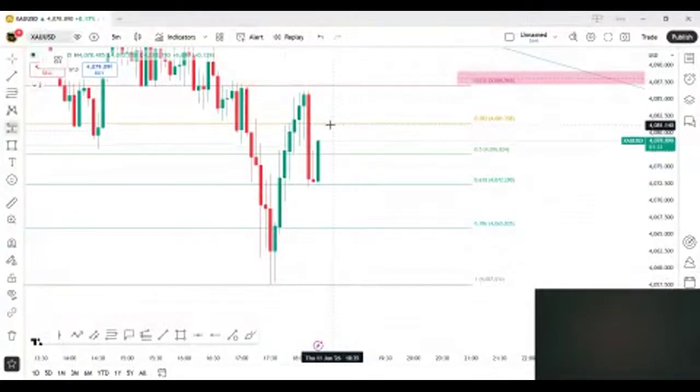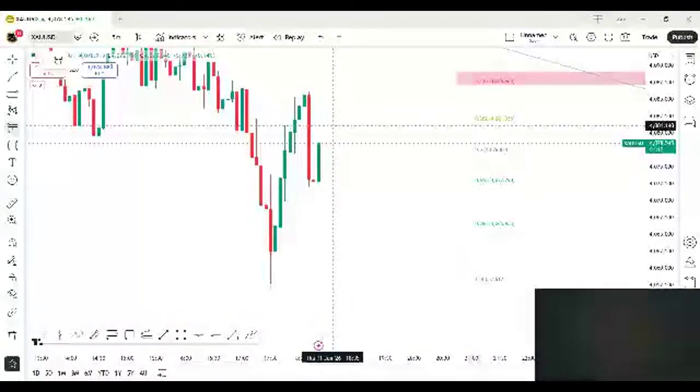We will wait till this area and see the reaction in the market.